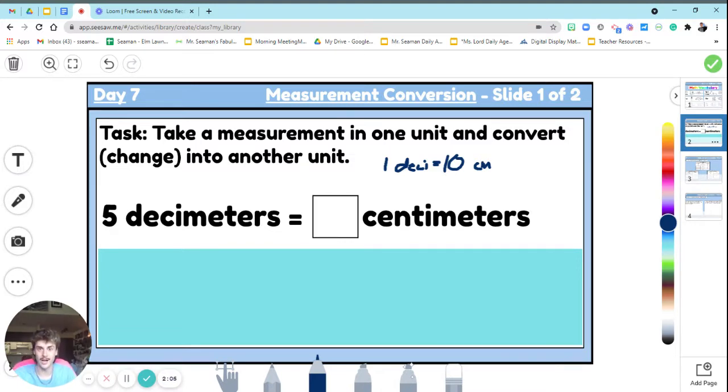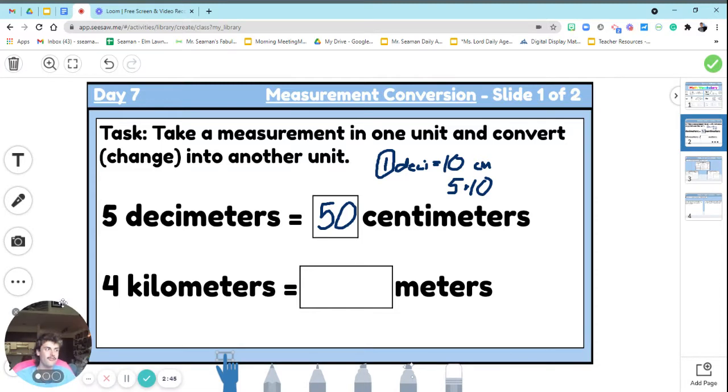A few weeks ago, we looked at the different measurements of mass, volume, and length, and today we're doing the same thing, working on those conversions. So 5 decimeters equals how many centimeters? If I know that 1 decimeter is 10 centimeters, I can just multiply 5 by 10, because then that gets me my total of 50 centimeters.